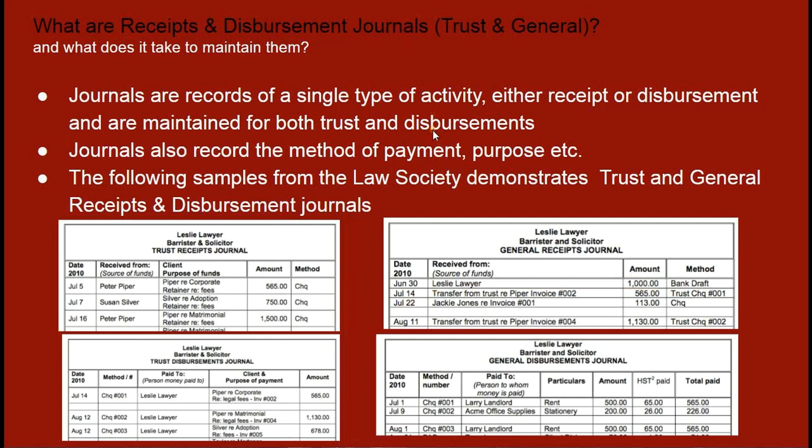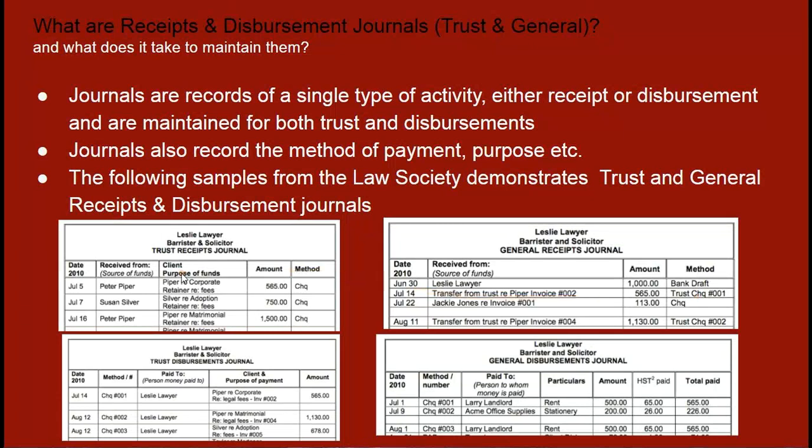And very importantly, let me use that same example for Peter Piper. The general receipts journal, where I received money into my general account, clearly states that on July 14th, a transfer was made from my trust account for this client, Peter Piper, for this invoice 002 of 565, and it was through a trust check 001.